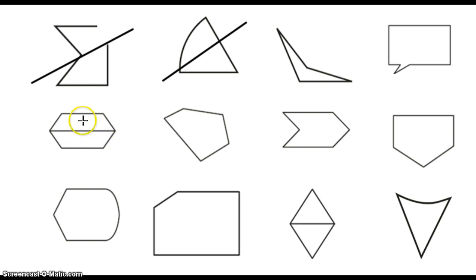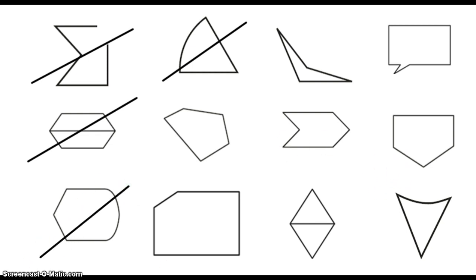When we come here, although this is closed, if you look here, there's more than two lines intersecting at the same vertex. So this is not a polygon. It's technically got something kind of going through the middle, so it's not itself a closed figure. Yes, it's a polygon. Yes, it's a polygon. Yep, it's a polygon.